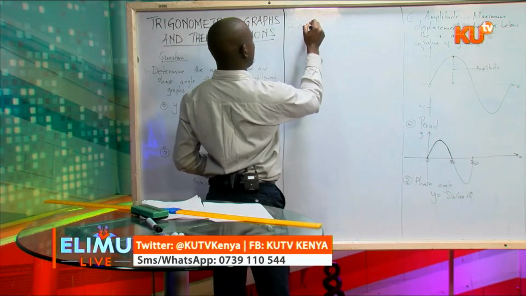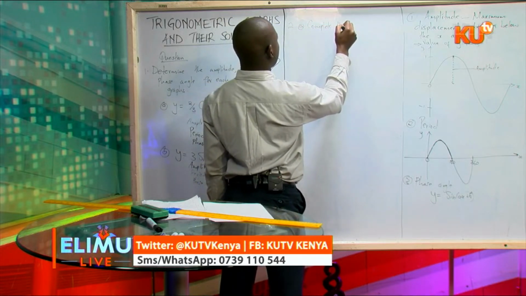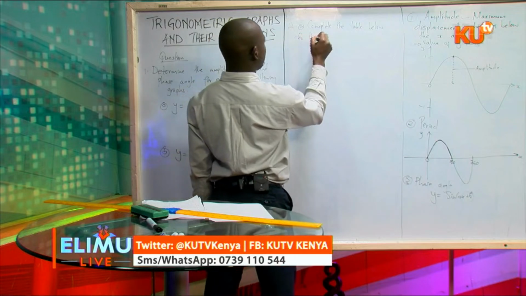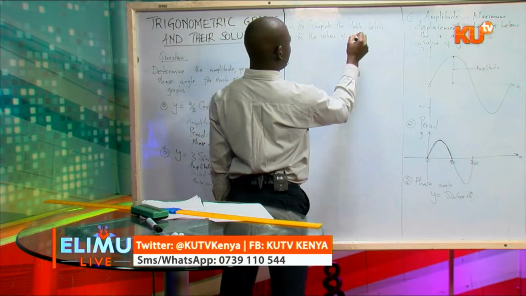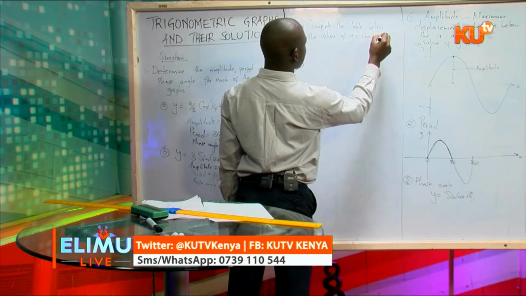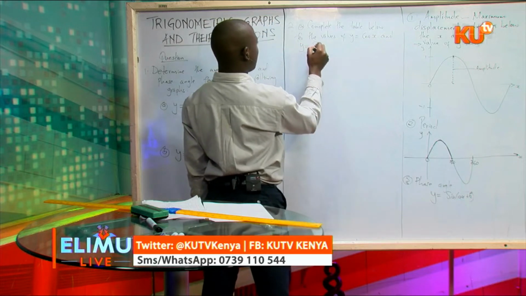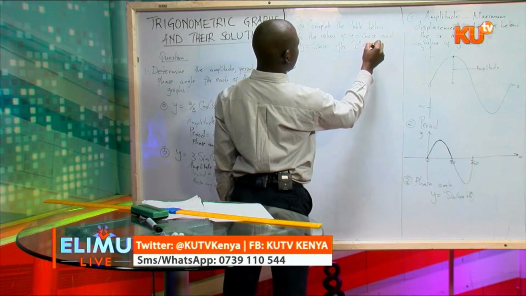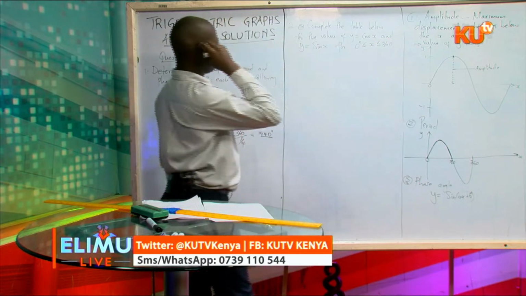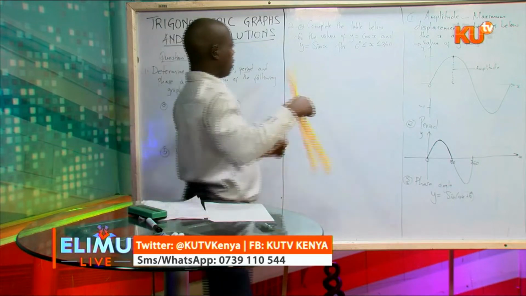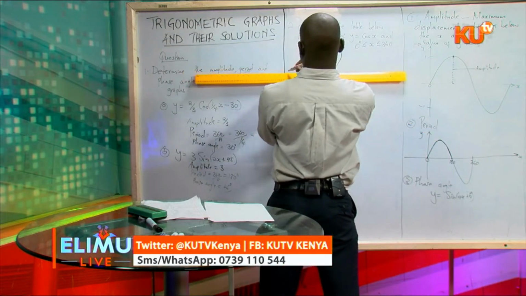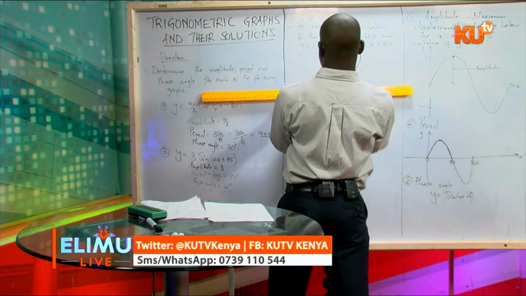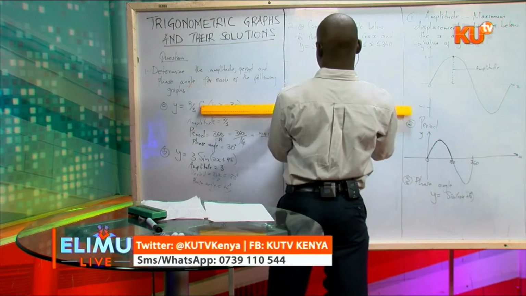You're told number A, complete the table below for the values of y is equals to cos x and y is equals to sin x for 0 degrees less than or equal to x less than or equal to 360. So we will have our table of values.